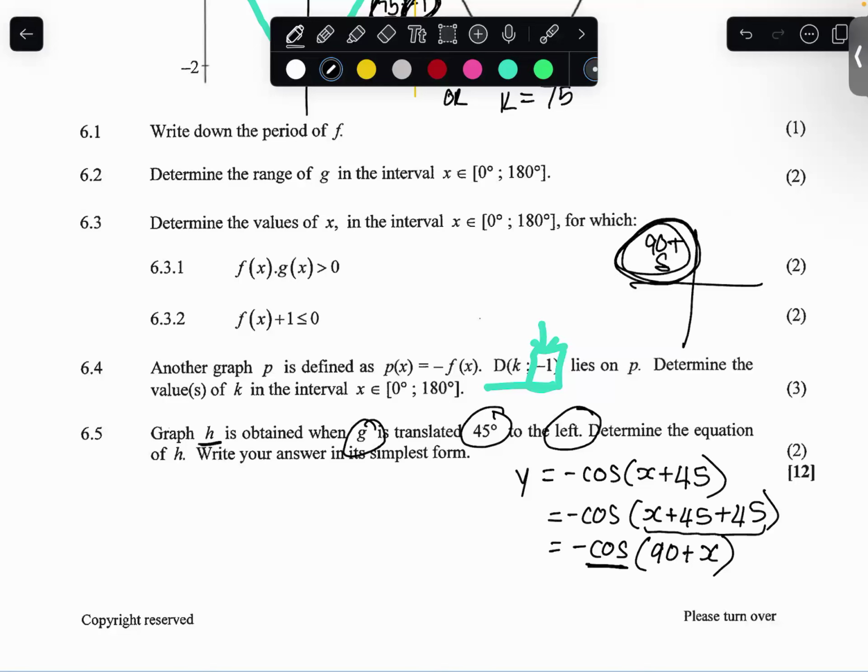This is sine's quadrant. Cos is negative in this quadrant, so negative reduction from this quadrant times this negative is a positive. And because you're reducing with 90, that gives you a positive sine x. All right, so that is h of x's equation.